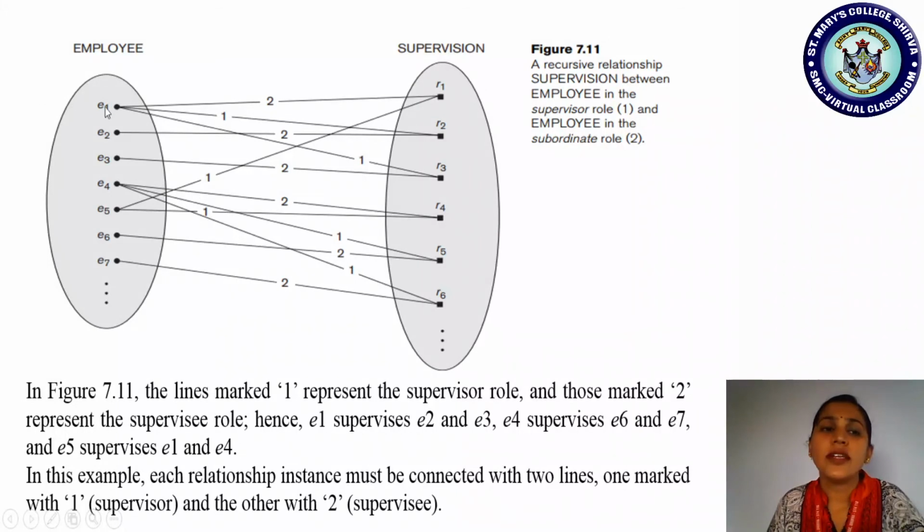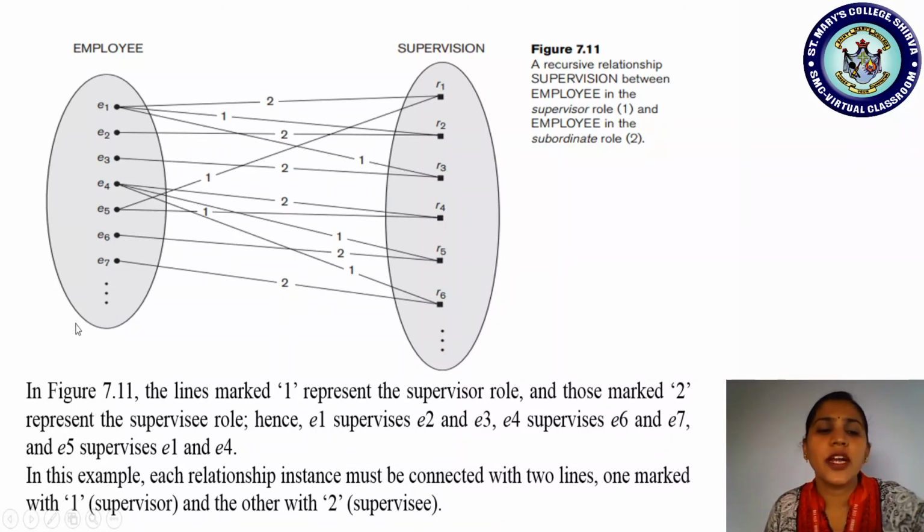So just understand, students, in such kind of recursive relationship where the entity takes part twice in the relationship, it is necessary to mention the role names, and here role names are 1 and 2. 1 represents supervisor and 2 represents supervisee. Hence E1 supervises E2 and E3.